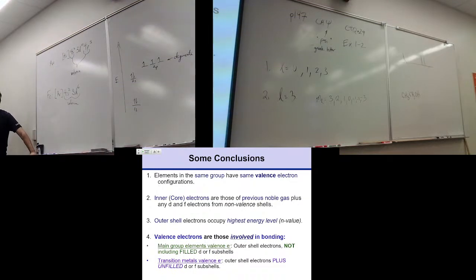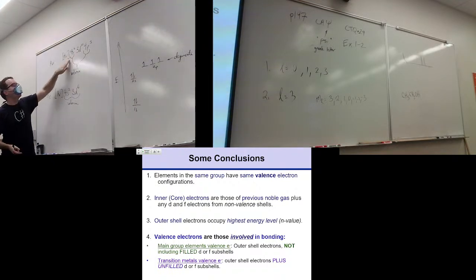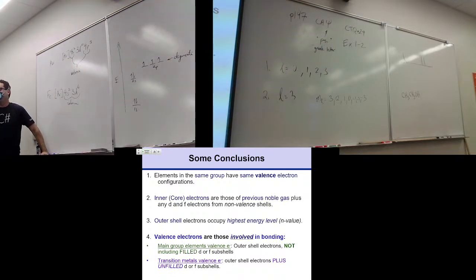If you're worried about which one's next in energy, technically the 3d would go here if you drew an energy level diagram. But I think in Gen Chem we're not going to care about it. So this is not a big deal at this point. It does get more complicated. We can start to nitpick on things, but I'm not going to worry about it at this point, if that helps.